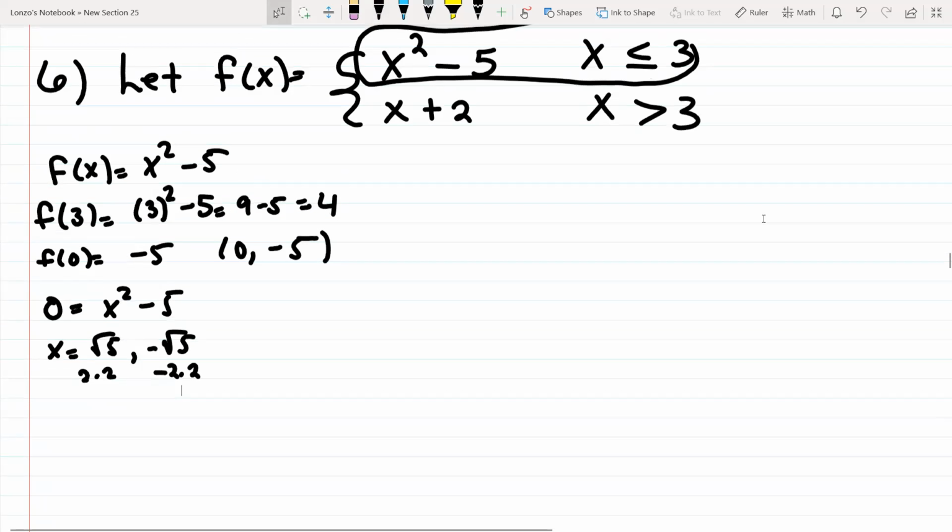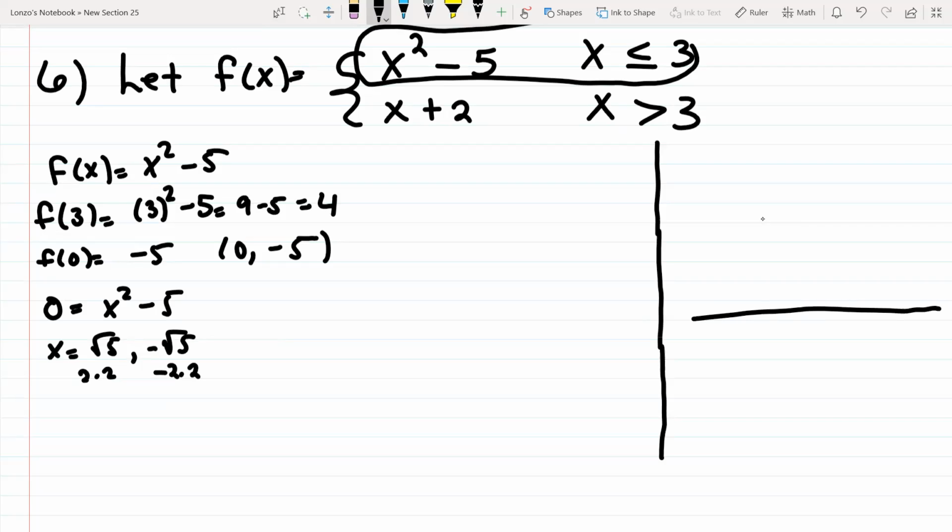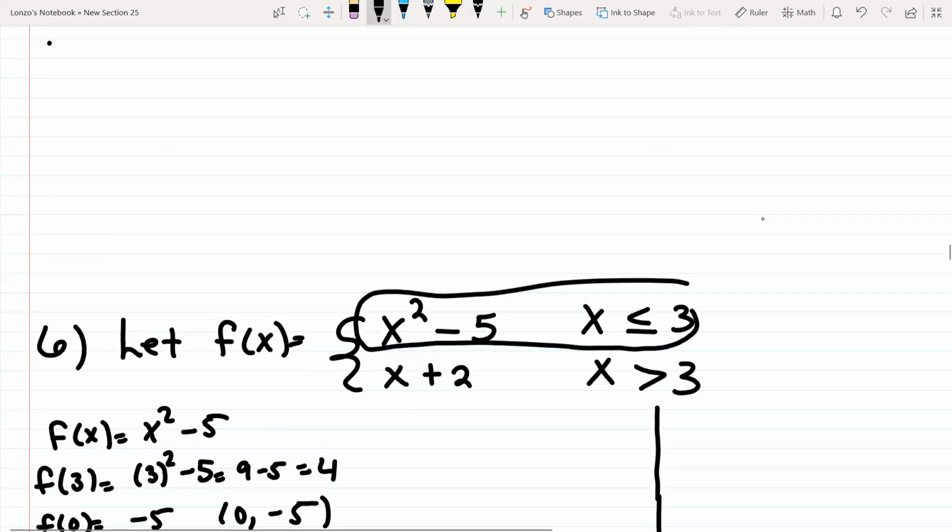What this graph would look like, just for the top one, not the bottom yet. Oh, I'm so sorry, I didn't read the question.